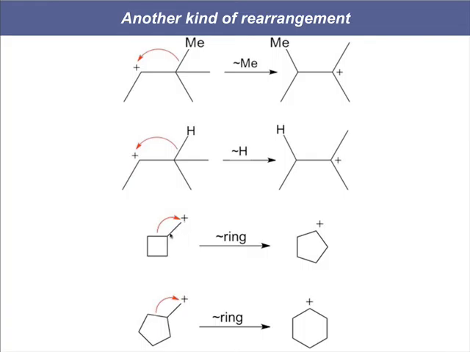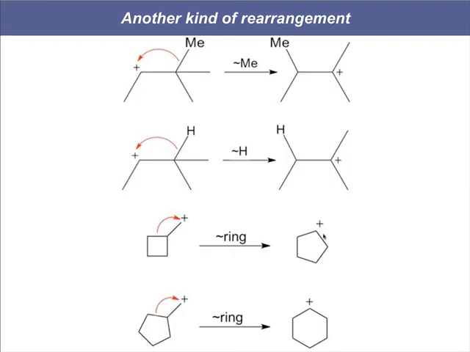So one carbon is losing a bond, the other carbon is gaining a bond. So you still have the positive charge, but what's changing? Two things are changing. We are going from a primary carbocation to a secondary carbocation, which is good, but we are also making the ring bigger. We are expanding the ring from a four-membered ring to a five-membered ring.